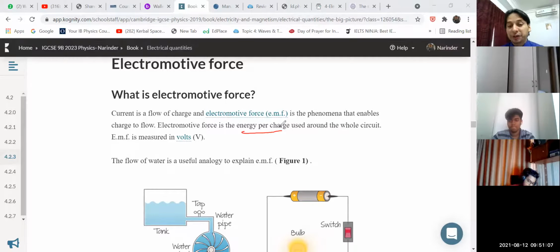Energy per unit charge is called EMF. We will write a mathematical equation also when we start with the potential topic, children. So energy or the work done, energy given to the charged particles so that the charged particles can move. That is the role of this EMF in an electric circuit.